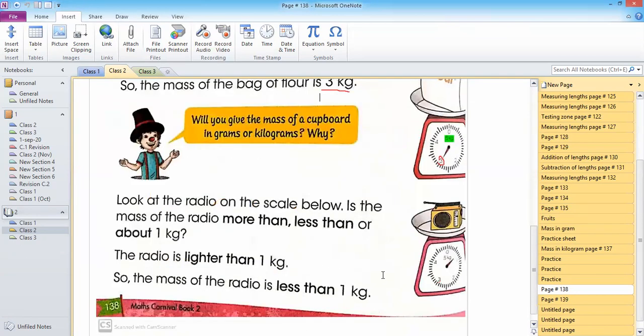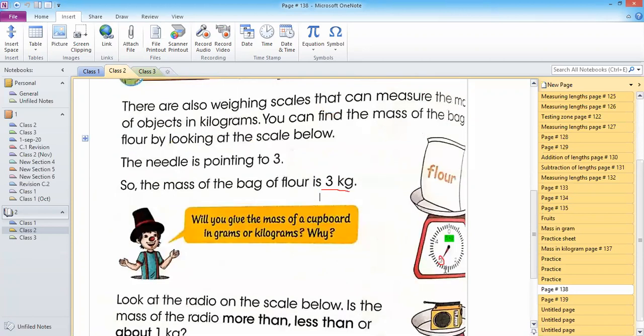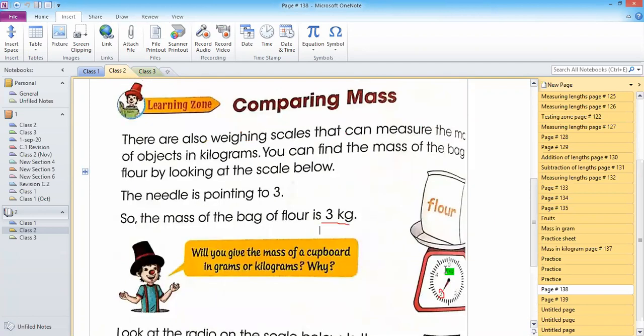Same here, if you put the radio here and you check the mass of this radio, you can see that the mass of this radio is not exactly 1 kg. You can see that if you check in the book, guys. For this you need to take out your notebook, okay?